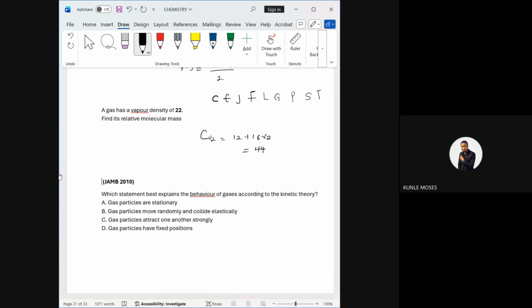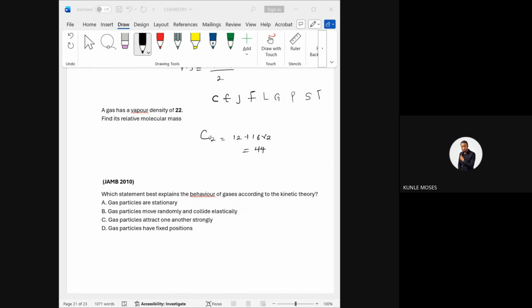Gas particles don't have fixed position. Sorry, I lost my network.